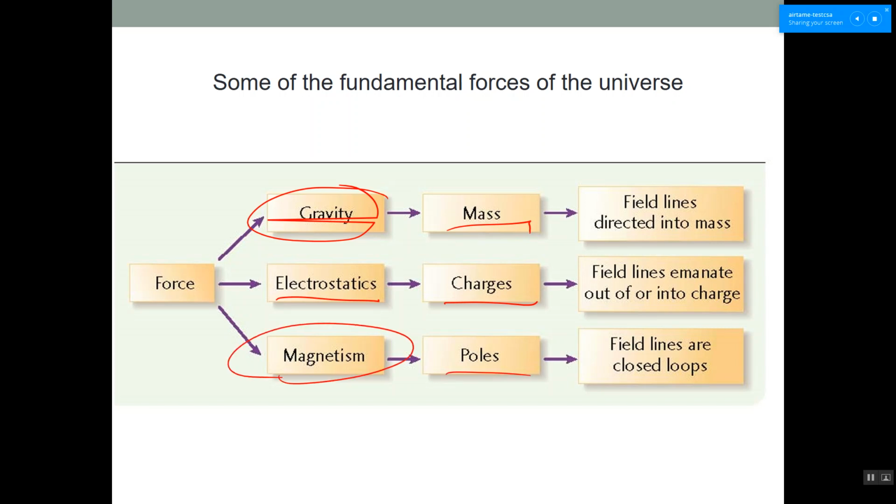We're going to have to get used to using this new term now, pole. You put a mass in a gravitational field, and you feel the force of gravity. You put a charge in an electric field, and you feel an electrostatic force. And you put a pole in a magnetic field, you're going to feel magnetic force. That's what it says here. So far, so good.